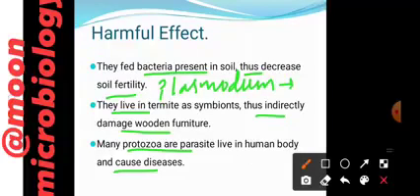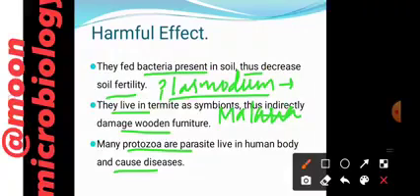Another example is Entamoeba histolytica, which causes amoebic dysentery. Then another example is Giardia lamblia, which causes intestinal infection. Leishmania is the name of a protozoa which causes Kala-azar disease.